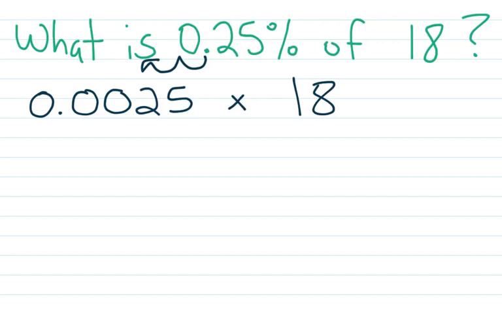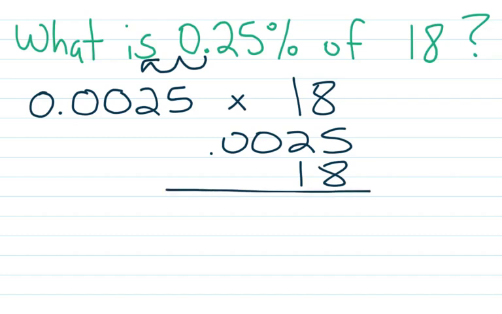So I'm going to put the 0.0025 on top, so I don't have to deal with all those extra zeros that are in there. They're important because now I'm going to have 4 decimal places in my answer, so they do matter. But I want to put the number that has the most digits in it on top again, so I don't have to do 4 layers of multiplication underneath.